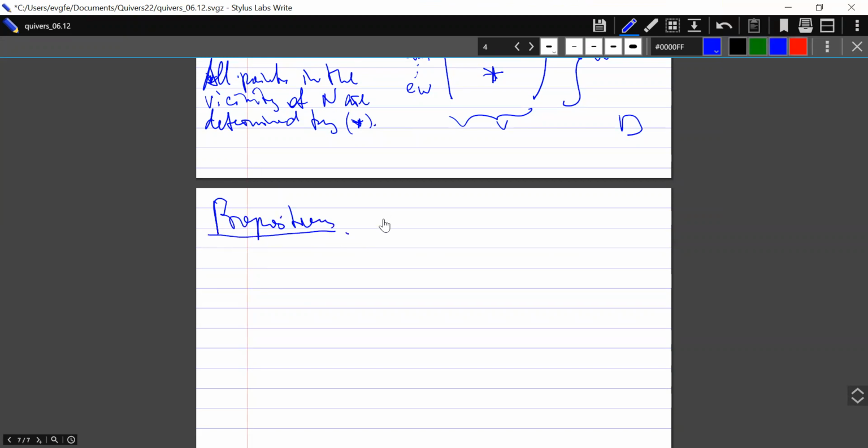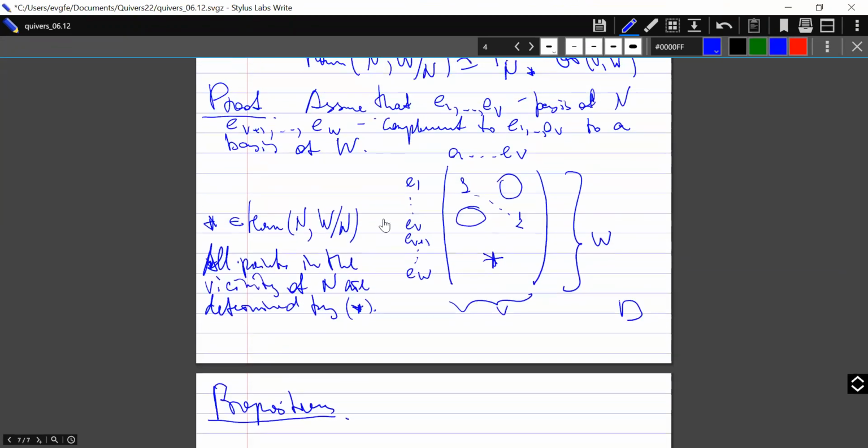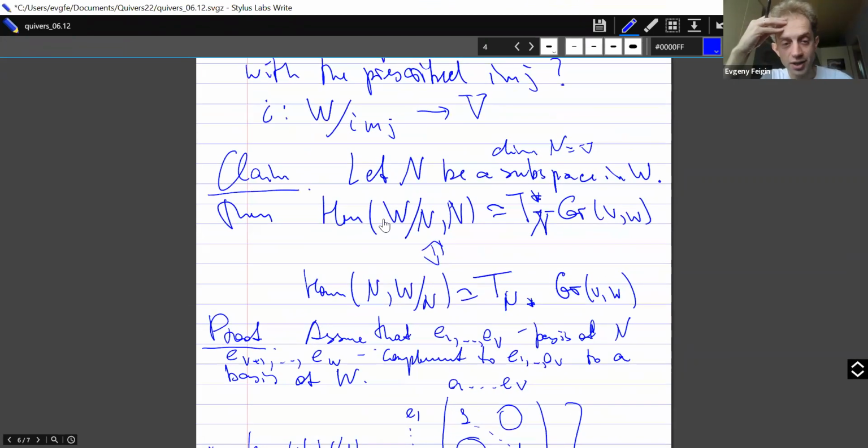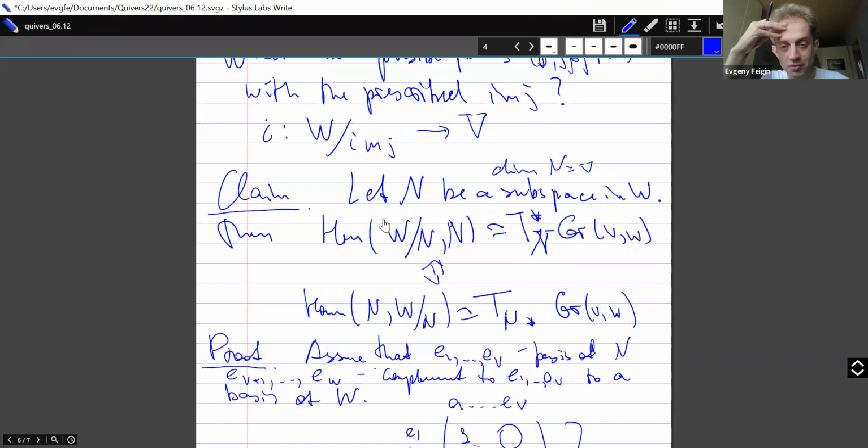Sorry, is this the cotangent space or the tangent space? Yes, so let's see. The claim says that the cotangent space is the Hom space from W mod N to N. The dual to this space is the Hom space in the opposite direction.